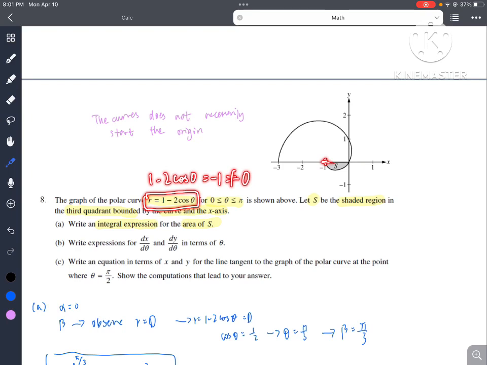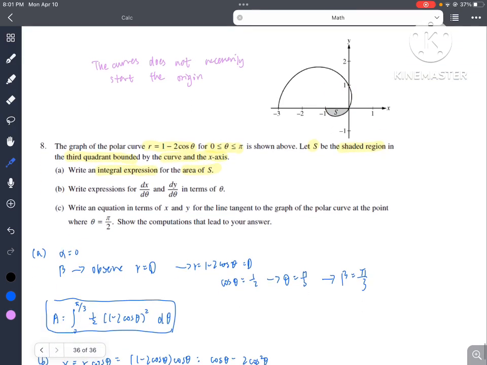So the curve starts here, but the origin is here. This is quite important for finding the bounds. So we have to set this equal to 0, not 1, because if you wrongly thought that the origin is here, you would see that r is equal to 1, but that's wrong.